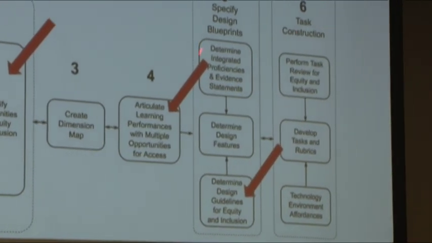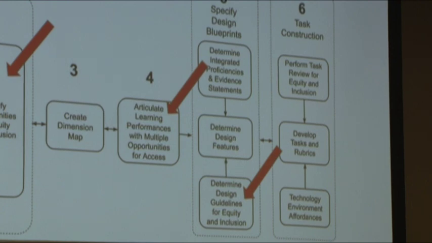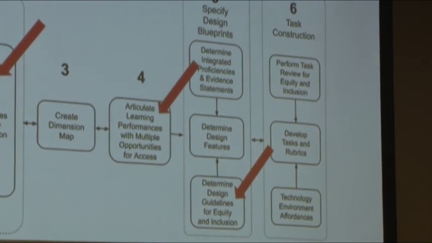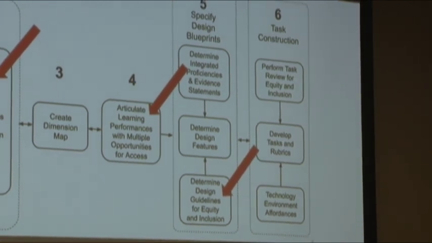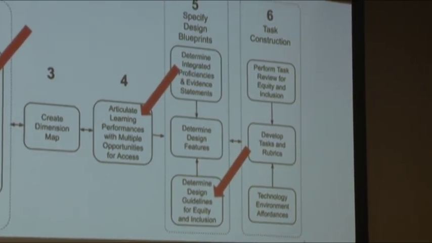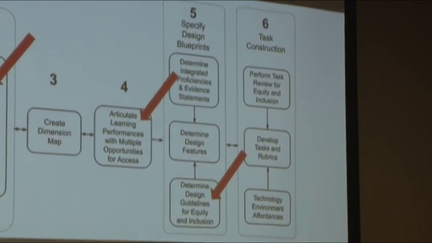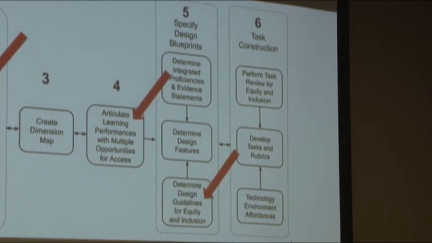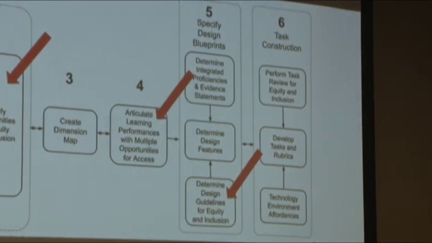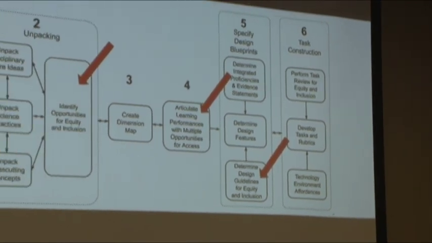Then we went through and started to look at the design features of our different tasks. And in that process, we determined some equity and inclusion guidelines that we did go back and check our tasks against. In doing that, it had us look at readability, making sure our tasks had a rich context, and making sure that our tasks were written clearly.